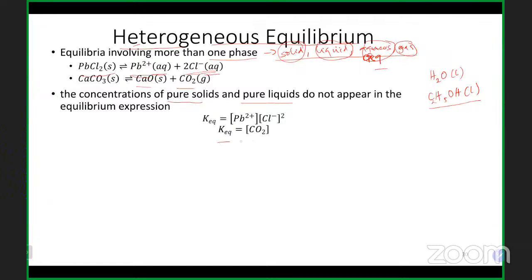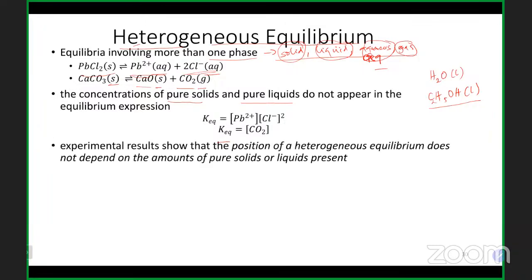Similarly, for the second one, this is a solid, this is a solid, this is gas. That's because the position of heterogeneous equilibrium does not depend on the amount of pure solids or pure liquids.